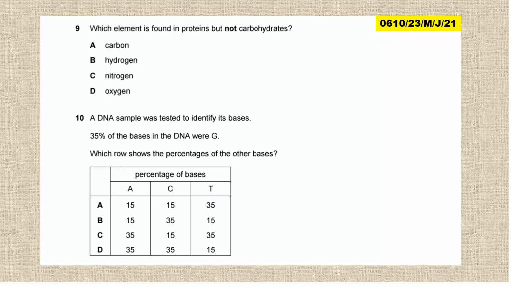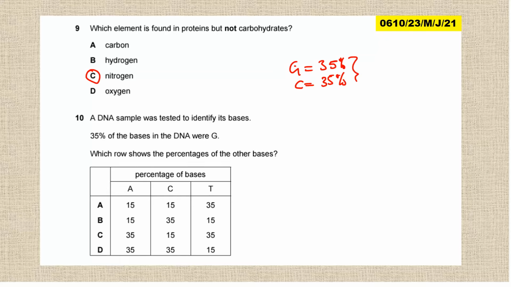This is paper 2, variant 3, May, June 2021. Which element is found in protein but not in carbohydrate? Same question. A DNA sample was tested to identify its bases. 35% of the bases in the DNA was G. Now, if G is 35%, it also means that C, which corresponds to G, is 35%.